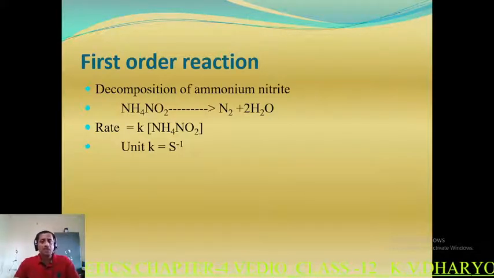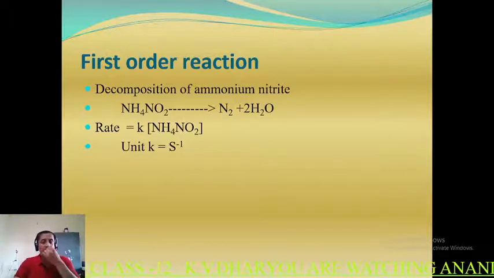There are so many examples of different orders of reaction; I have taken only one here. In zero order, all those reactions where a catalyst is used and gaseous reactants are there are of zero order when the concentration of reactant is more.